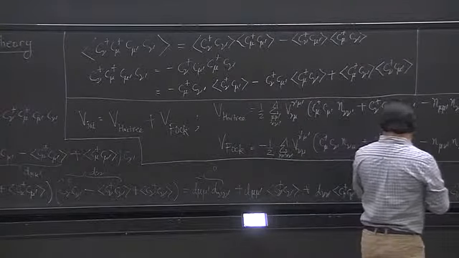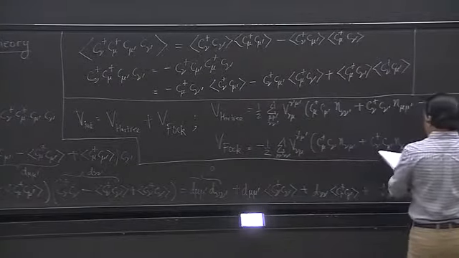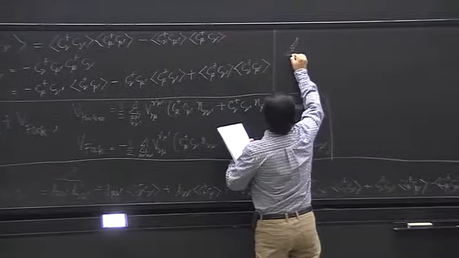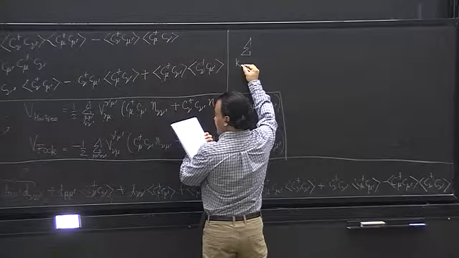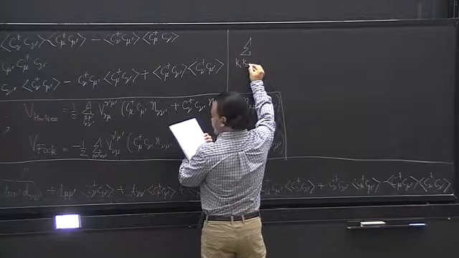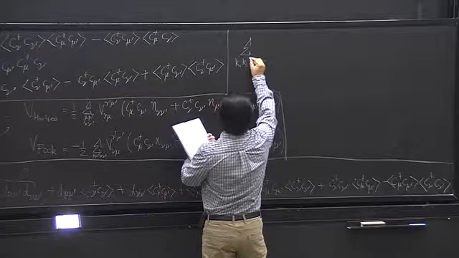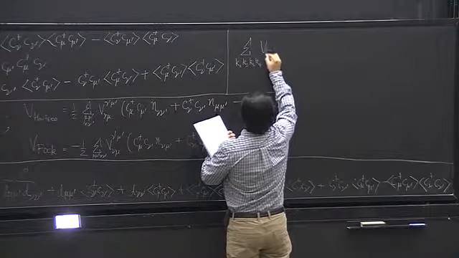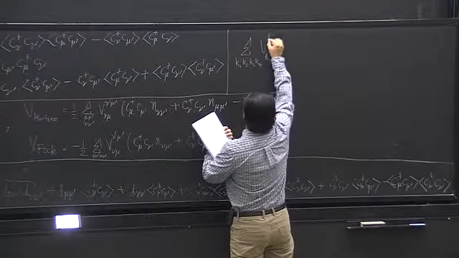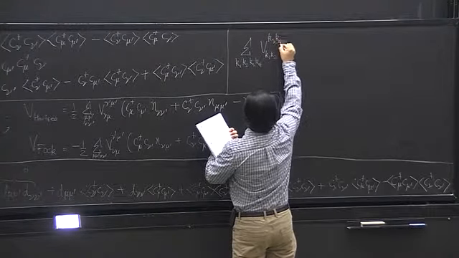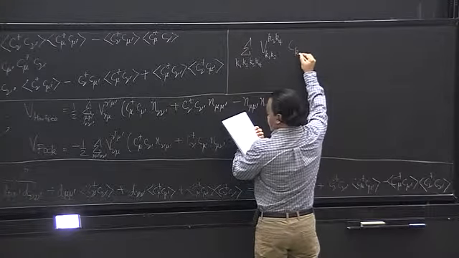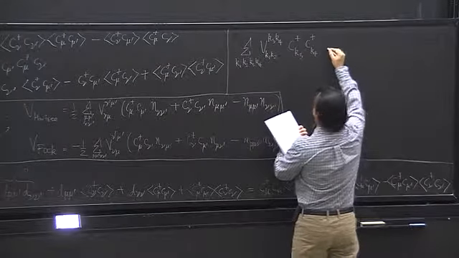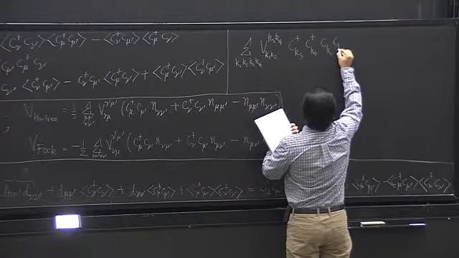For spinless electrons, you can use the tricks you used in tutorial 2 to write down this term: sum over k1, k2, k3, k4 of c k3 dagger c k4 dagger c k2 c k1.